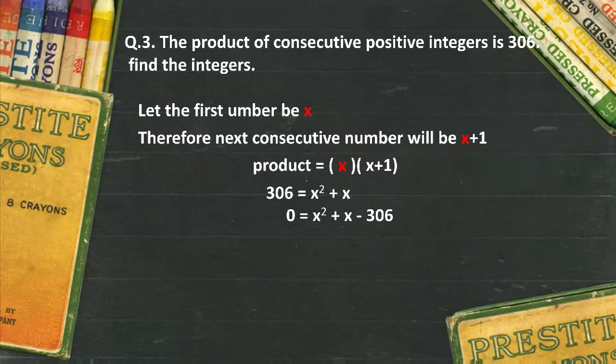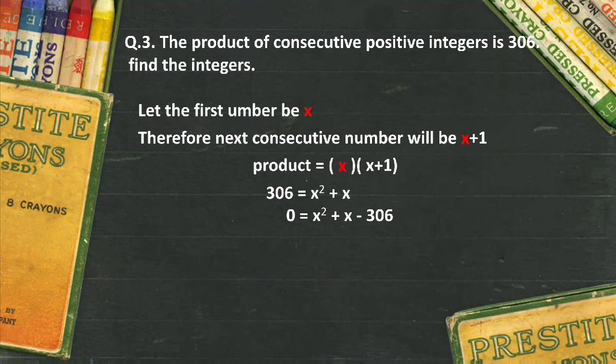But keep in mind that whenever you solve a quadratic equation, in the end you will get x is equal to this or x is equal to that. Now there are chances that once you get those two values of x, one might be positive and the other one maybe negative, or both might be positive.